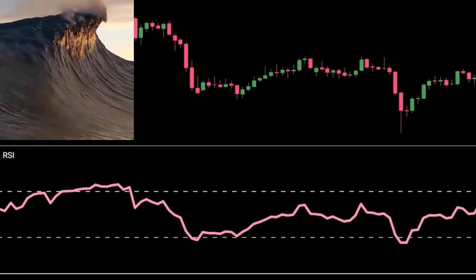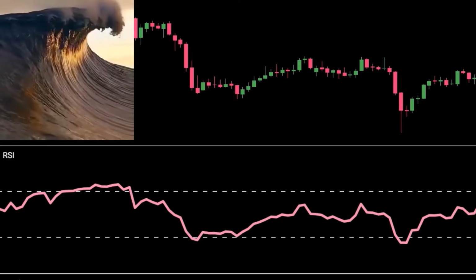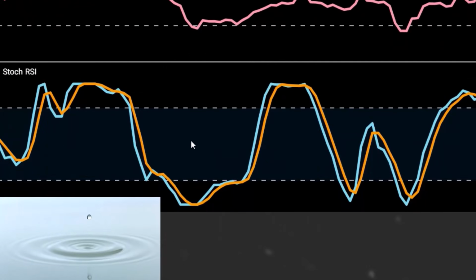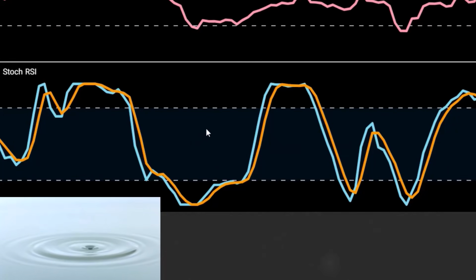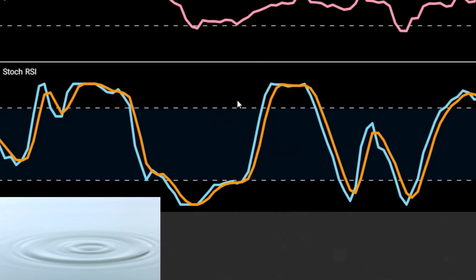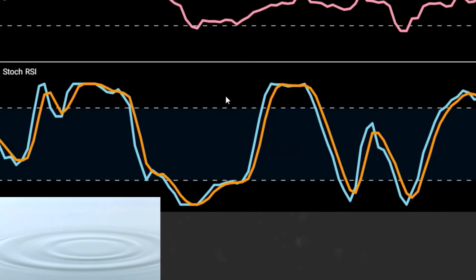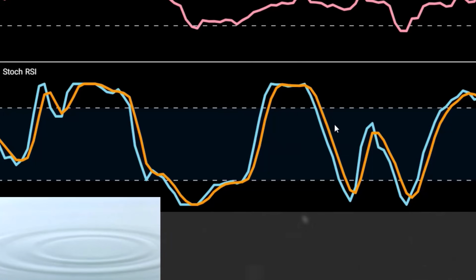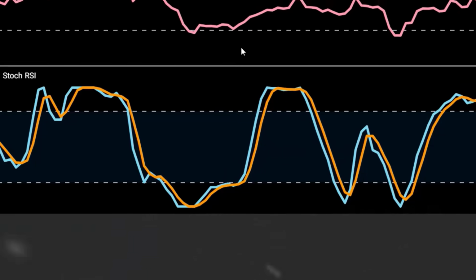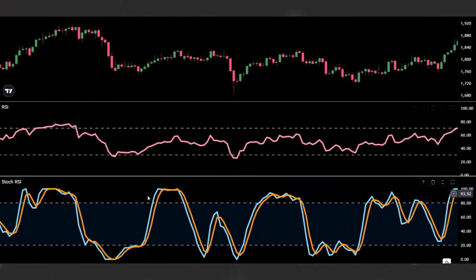They move slowly and show how strong the tide is. But the stochastic RSI is like watching the small ripples on top of those waves. These ripples move much faster, changing direction quickly, sometimes even before the bigger wave changes strength. That's why stochastic RSI can give you warning earlier than RSI.